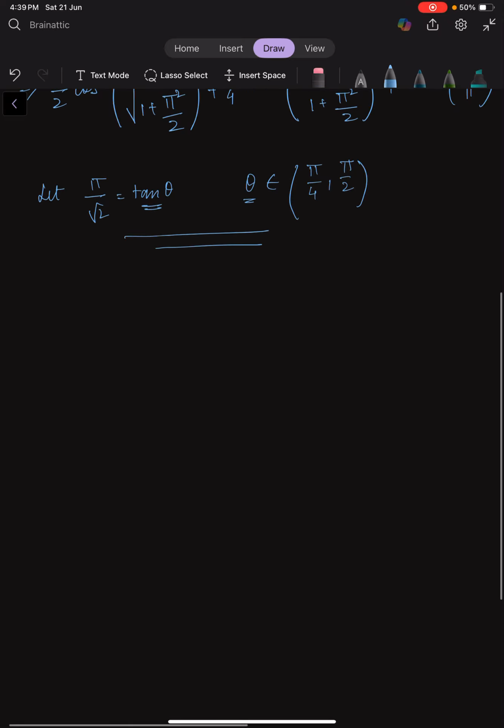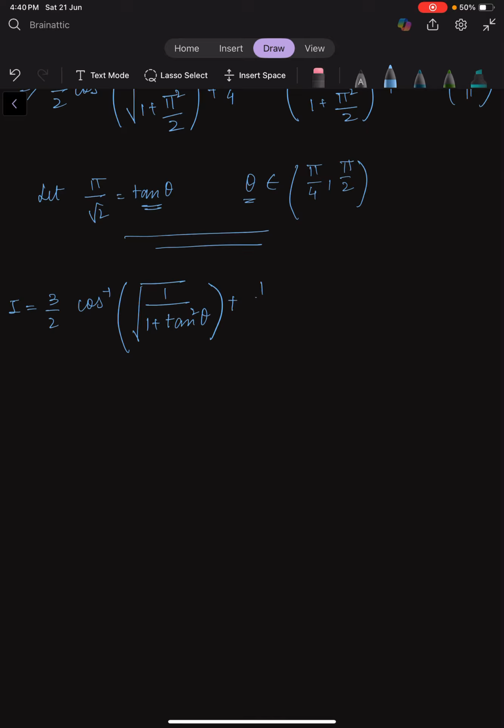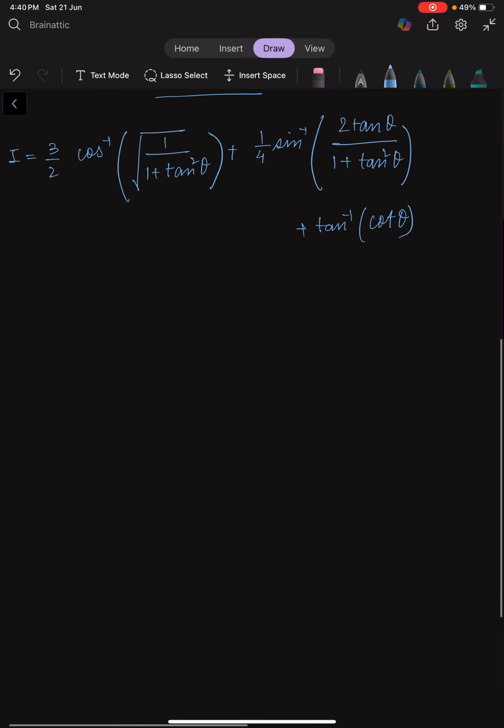Now this makes it I is equal to 3 by 2 cos inverse root under 1 by 1 plus tan square theta, plus 1 by 4 sine inverse 2 tan theta by 1 plus tan square theta, plus tan inverse cot theta. Correct?